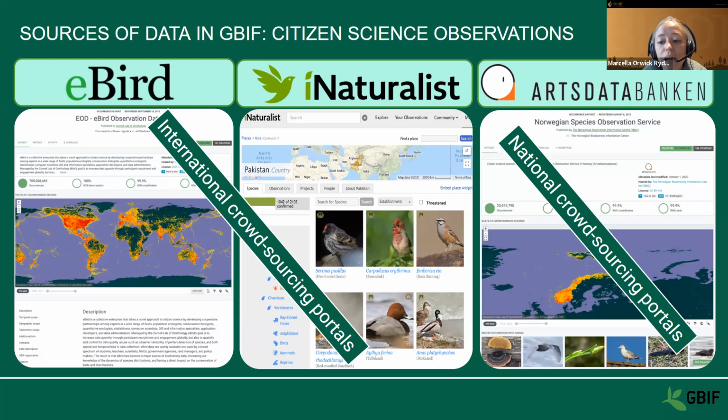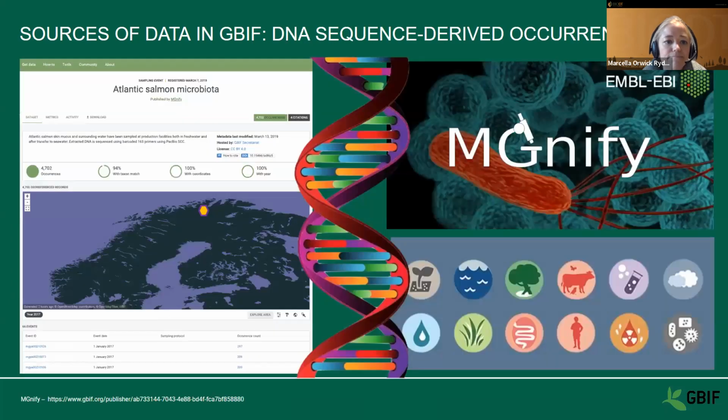And here in Norway, where GBIF has quite a presence, we also have Artsdatabanken, which is a national crowdsourcing portal. All of these different portals can be directly linked to GBIF for the final publishing of the data.